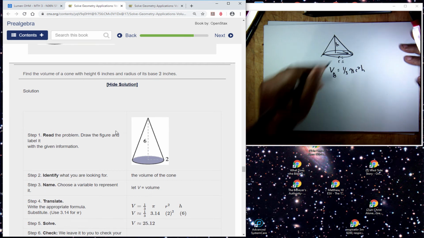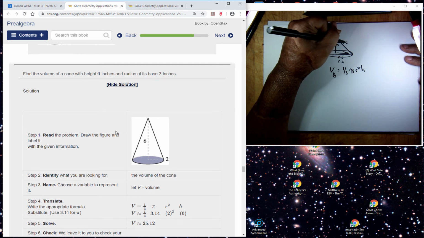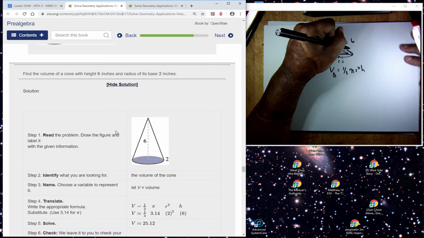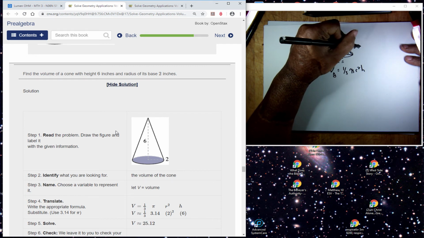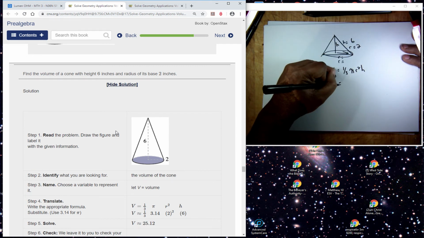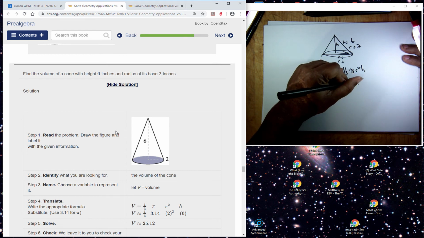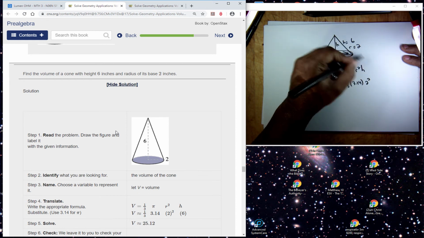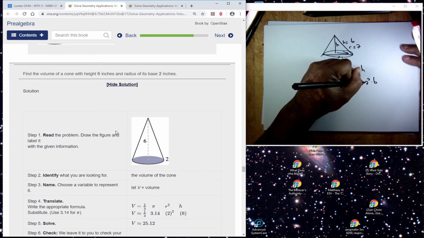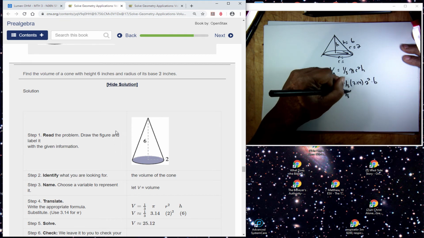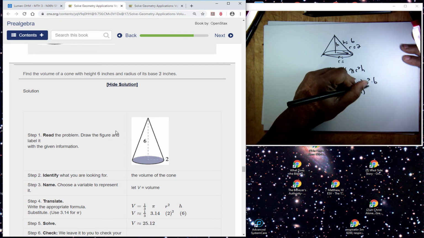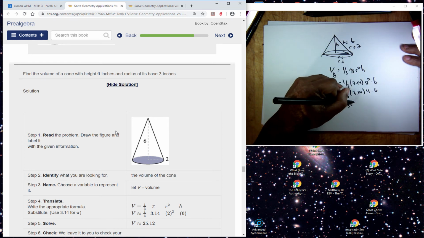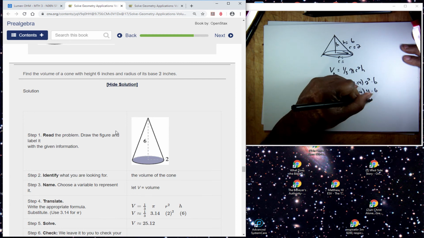So let's take a look at finding the volume of a cone. We're given a height of 6 inches, and the radius at the base is 2 inches. So we can plug in here 1/3 times 3.14 times r squared, 2 squared, times 6. So I have 1/3 times 3.14, 2 squared is 4, times 6, that's 24.